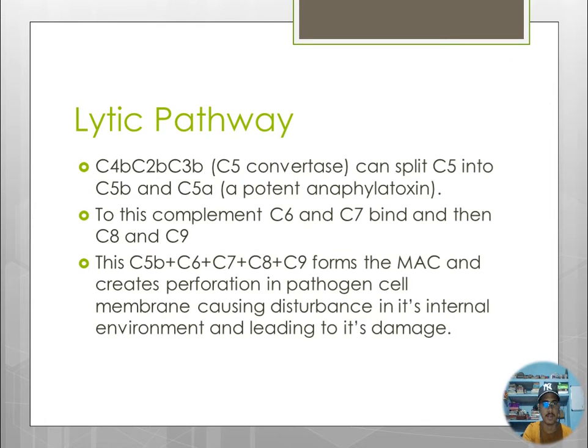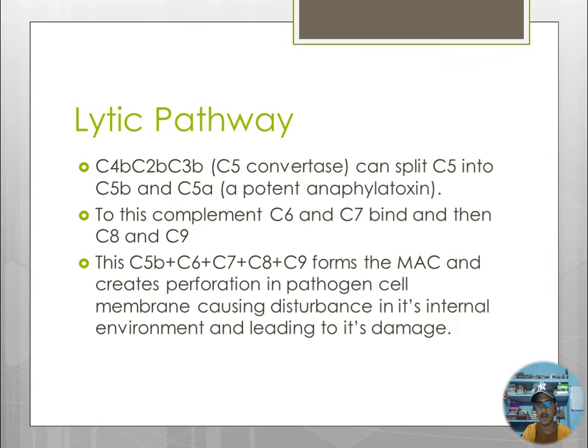You should remember that. C1 is a whole protein. Okay, and this C4b, C2b and C3b are called the C5 convertase, and it splits C5 into C5b and C5a. C5a is a potent anaphylatoxin, and it can go up to the mast cells or any other cells, and generally it causes other inflammatory cells to come into the area where the whole accident is happening.